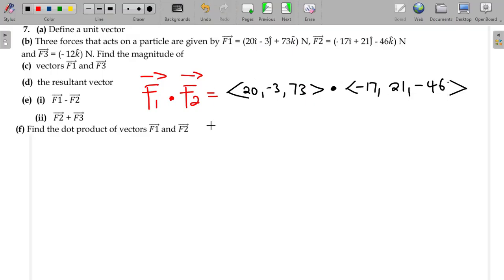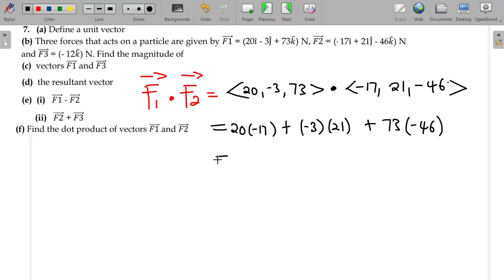So when you're finding the dot product, you're just multiplying component-wise. So it will be 20 multiplied by minus 17 plus minus 3 multiplied by 21 plus 73 multiplied by minus 46.